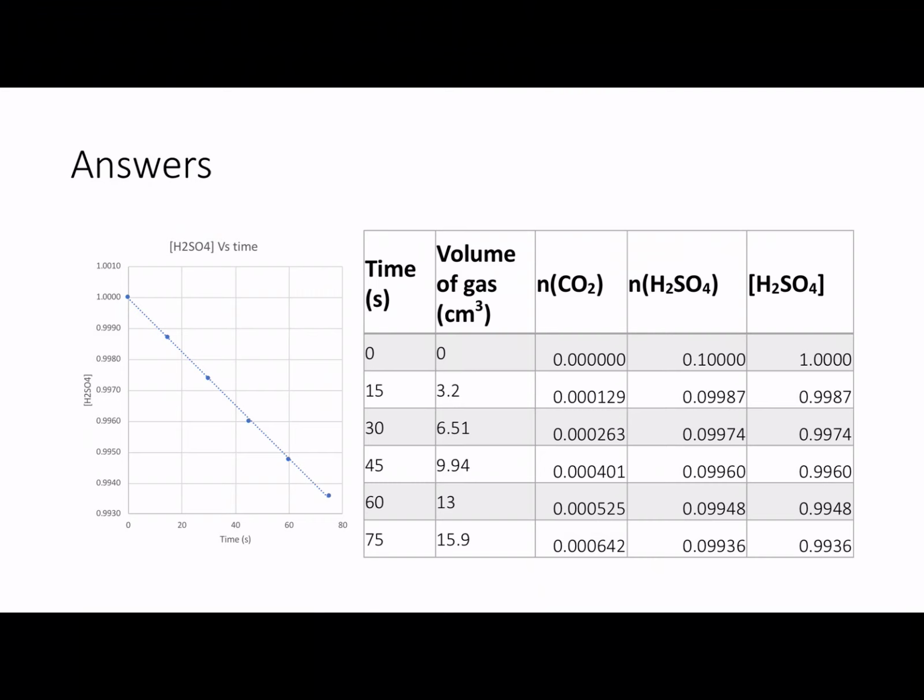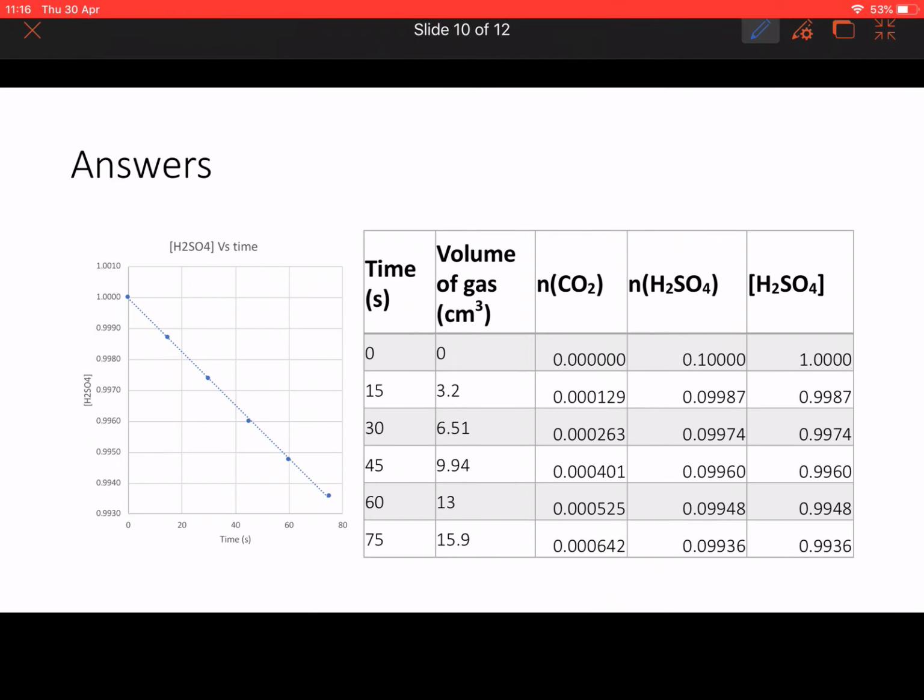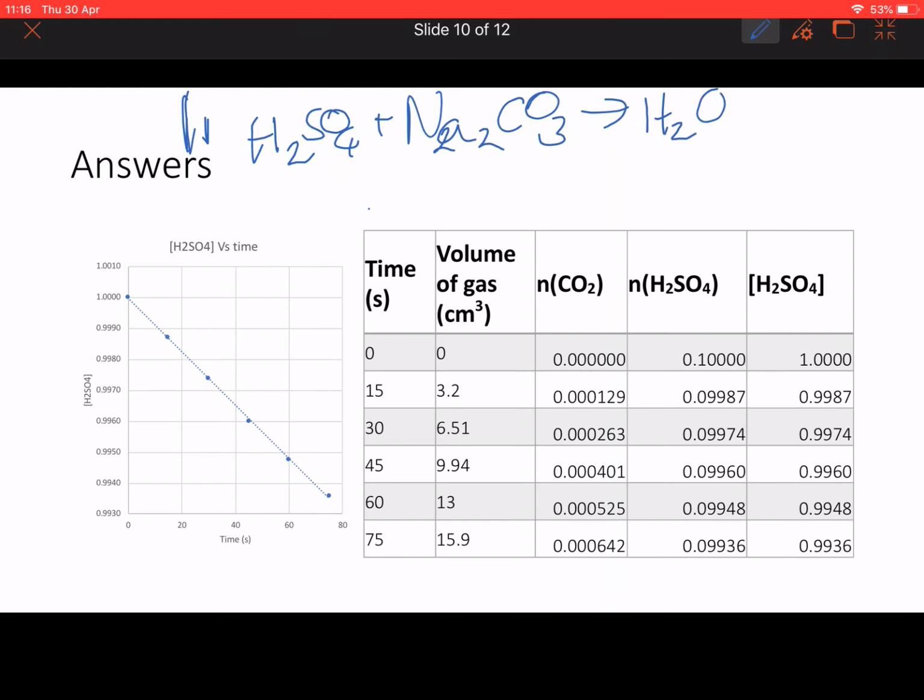Don't forget, of course, that you needed the equation, which I didn't tell you, but hopefully you know or can work out. H2SO4 plus Na2CO3 going to H2O plus CO2 plus Na2SO4.